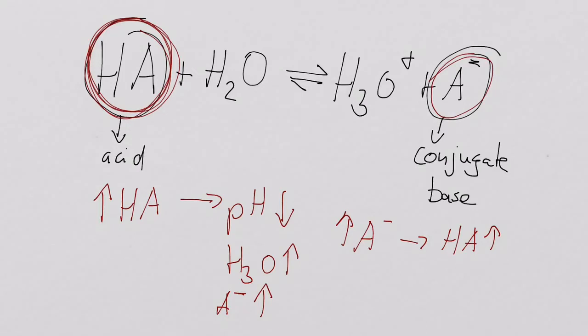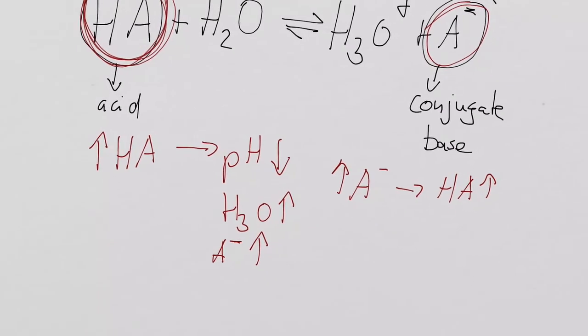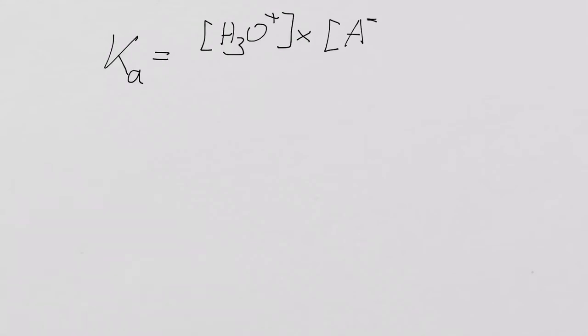Now let's write that down again as our reaction. And we said we can establish an equilibrium constant, that's this Ka, equals H3O plus times A minus divided by HA. And usually the water, we don't take that really into consideration.